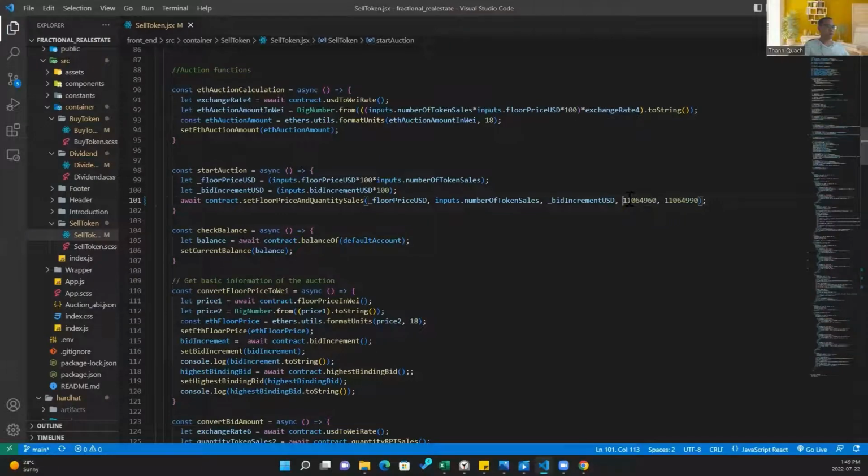Talking a bit about how long the auction will last: these are the block numbers, and in this case, I chose to use block numbers instead of the timestamp because I want to avoid front-running problems in which the miners can choose which transaction to process first. This is a starting block number, and this is the ending block number. On the Rinkeby testnet, it takes around 15 seconds for each block to be mined.